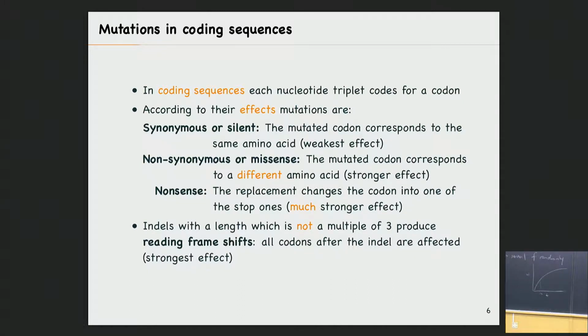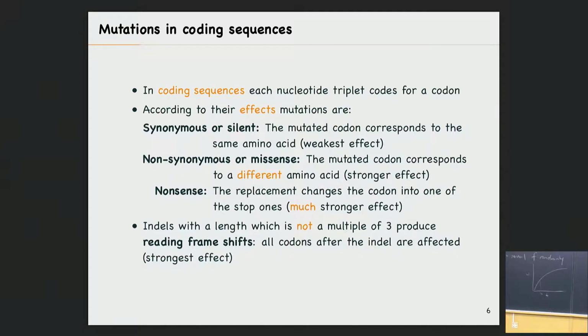So we can look at the effect of a point mutation. You can have either synonymous or silent mutations. Synonymous or silent mutations are the ones such that the mutated sequence produces the same amino acid in the eventual protein. So what you assume is that in general, these silent or synonymous mutations will have a weak effect.